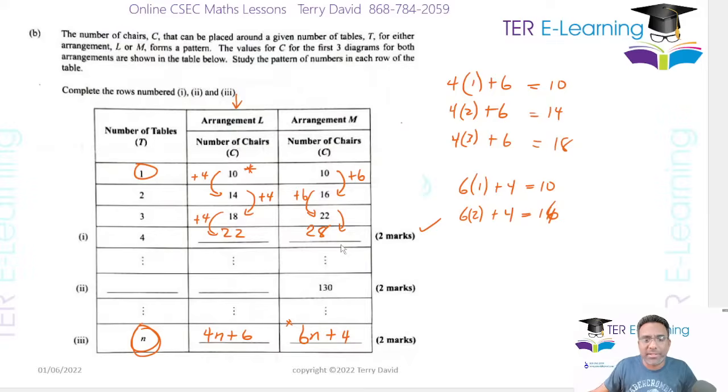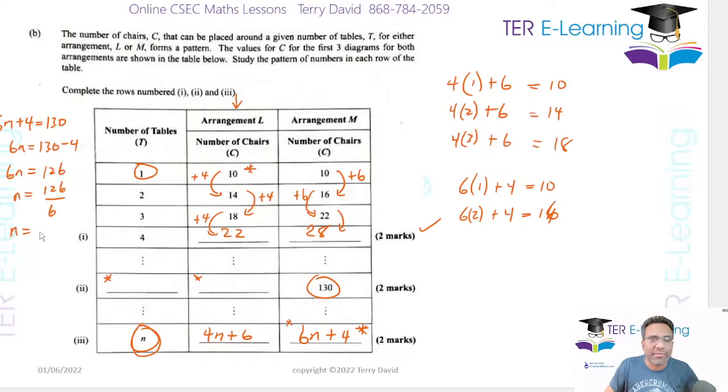All right, so I have this here now. Now the next thing that we want to do, you need to figure out the number of tables for here and this. Since this is 130 and I know what the formula is, I'm going to say 6n plus 4 is equal to 130. So 6n is equal to 130 minus 4. So 6n is equal to 126 and n is equal to 126 over 6.